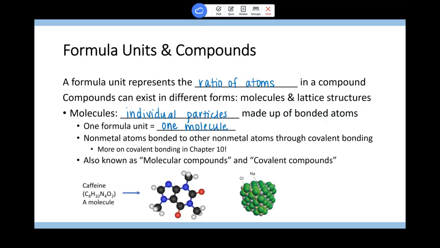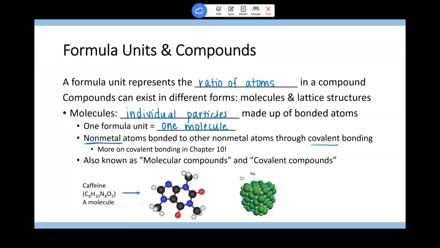So an example of this is caffeine. This is not an example, this is sodium chloride, relevant on the next slide. Caffeine, this molecule formula is C8H10N4O2. One caffeine molecule, we say, is a particle of caffeine, and that contains all of those atoms, and this is a standalone particle. These are atoms bonded together through covalent bonding, and they're all non-metal atoms.